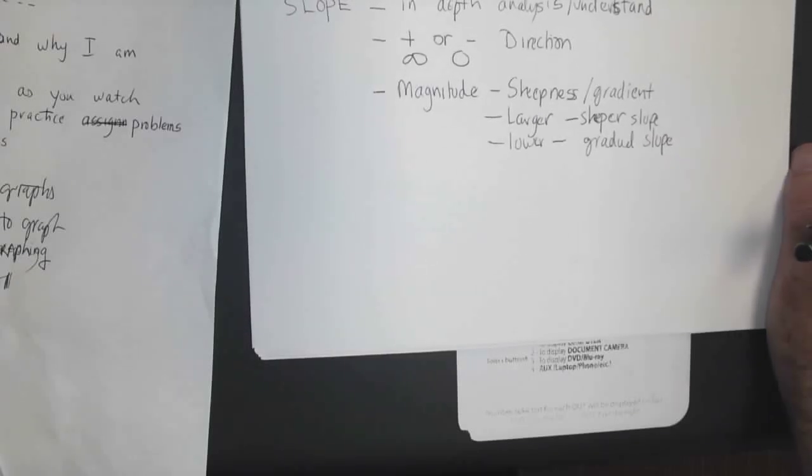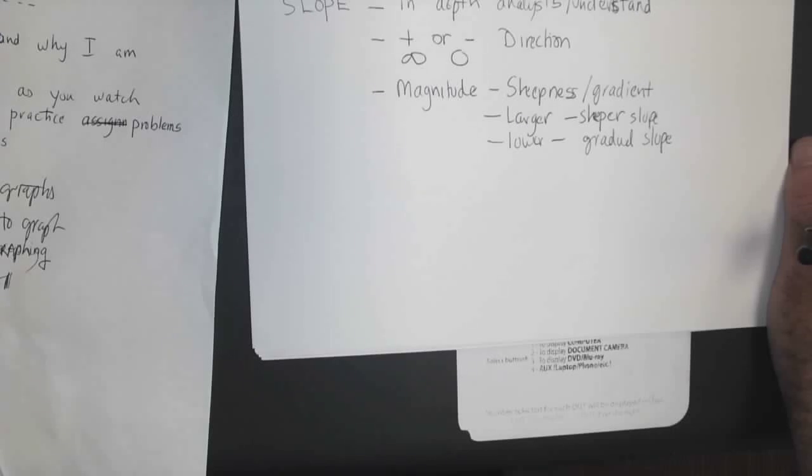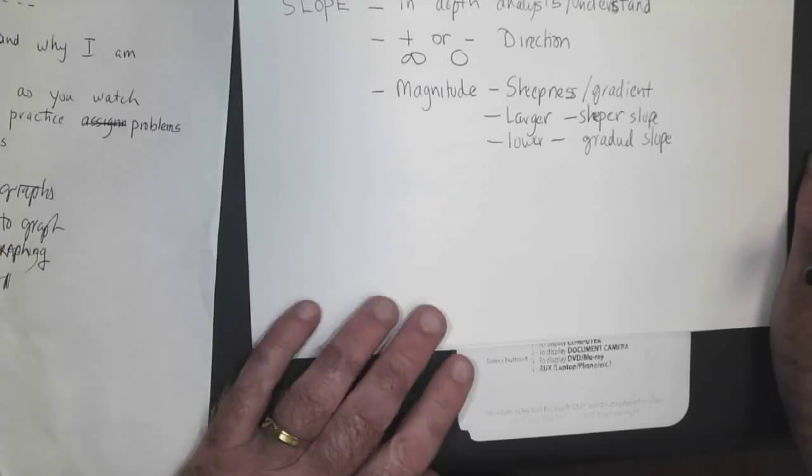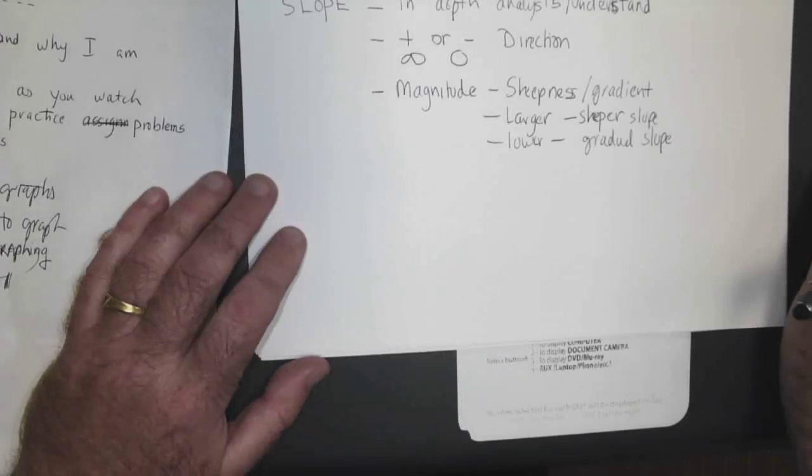Well, we haven't even got there yet, right? We're not even going to focus on that at this minute. What we're going to realize is that the slope itself may sound kind of confusing, but all it's going to do is help us figure out what's going to happen between two variables. All right?